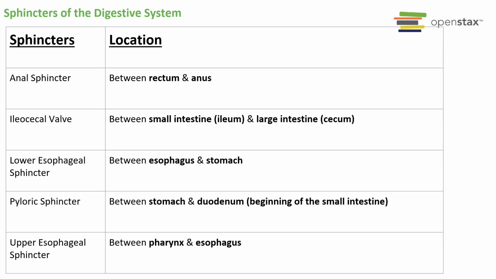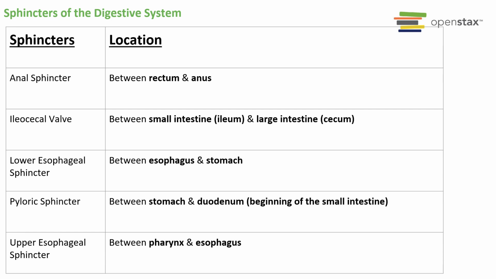We also then, as you're moving down the GI tract, have the ileocecal valve, which controls the movement of materials between the small intestine and the large intestine. So the last segment of the small intestine is known as your ileum, and the first segment of the large intestine known as your cecum. And then finally, the anal sphincter is located between the rectum and the anus.